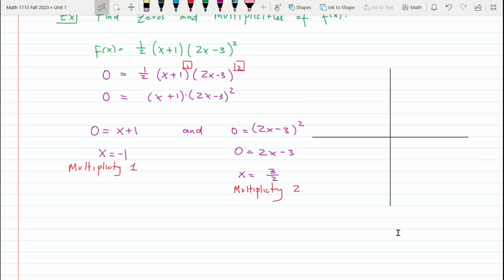Okay, and we have the graph crossing at x equals negative 1, so right here, but then also crossing here at 2/3. I'm sorry, 3/2. So multiplicity 1, that's an odd number, so that means it crosses.